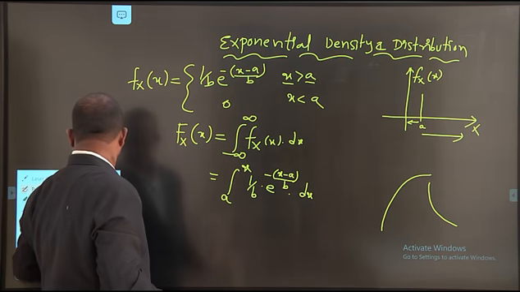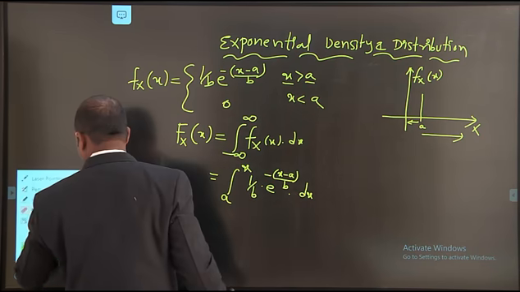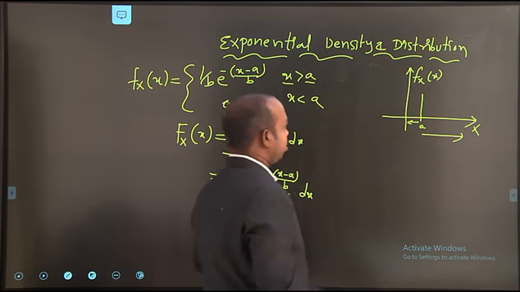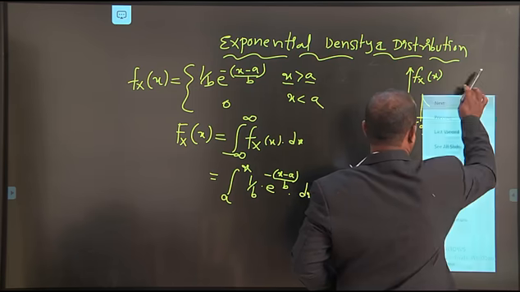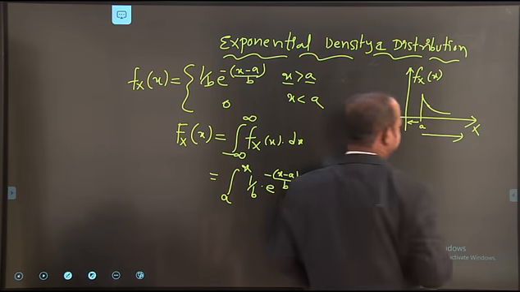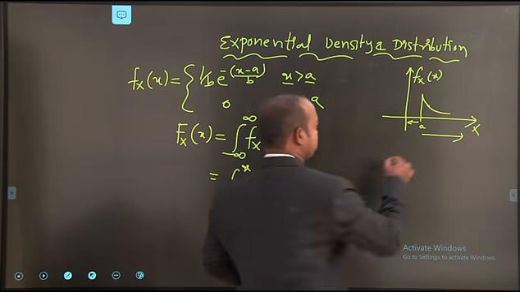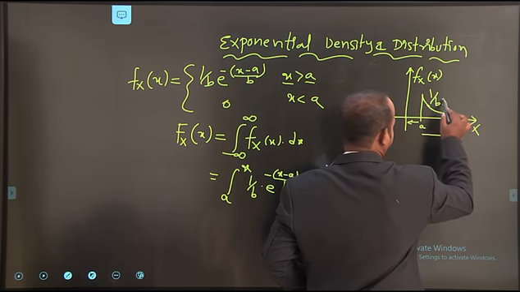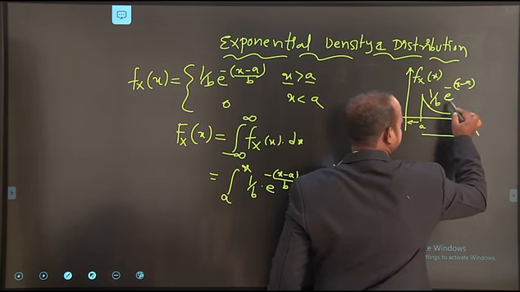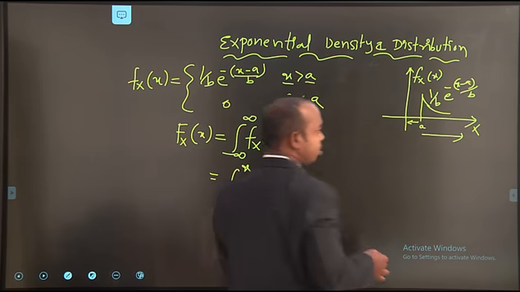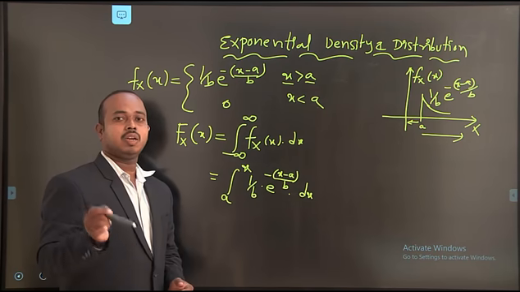That's why I am representing the quantity with a decreasing exponential. Its magnitude is 1 by b e power minus (x minus a) divided by b. That is the graphical representation of the exponential density function.